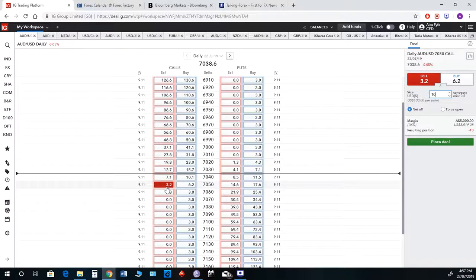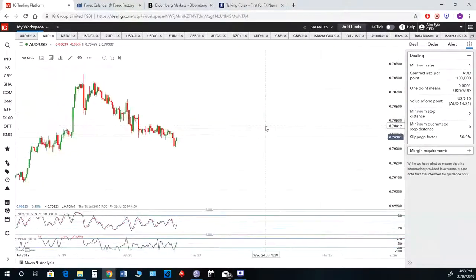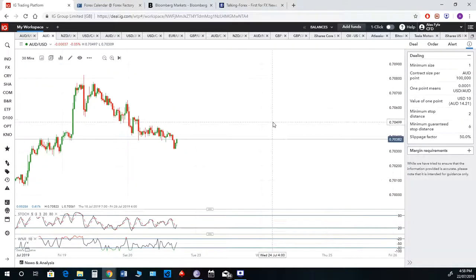So if the price there doesn't go above 705, so if you look at the chart here, if the price does not go above 705 there, up until 5 o'clock here, so here.